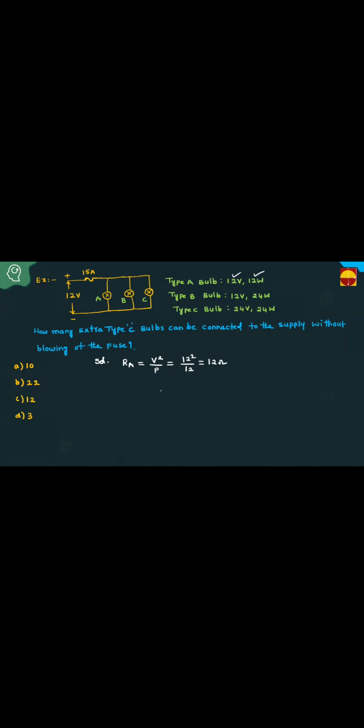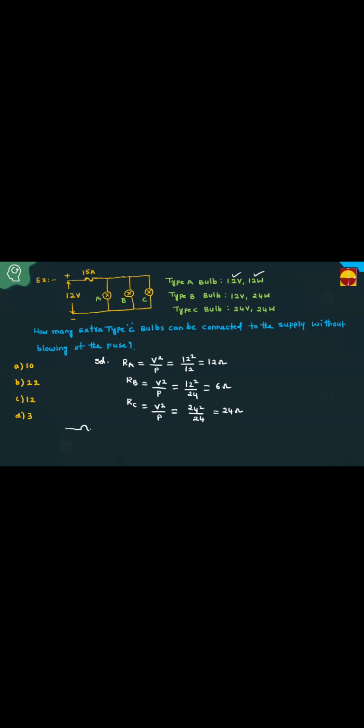Bulb B resistance is also V square by P, that is 12 square by 24, which is 6 ohms. Bulb C resistance is V square by P, that is 24 square by 24, which is 24 ohms. So bulb A is 12 ohms, bulb B is 6 ohms, bulb C is 24 ohms.